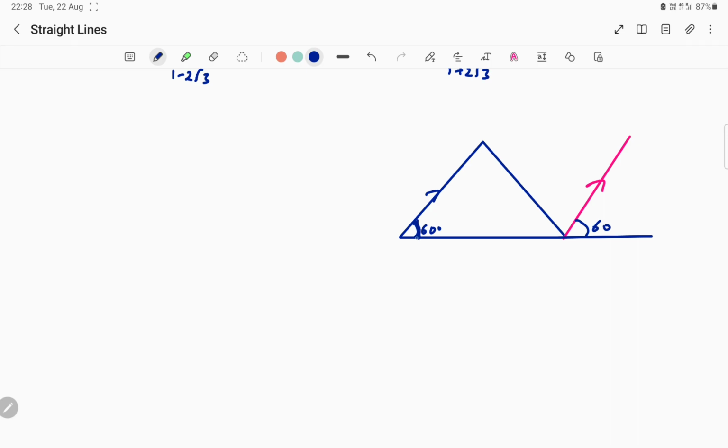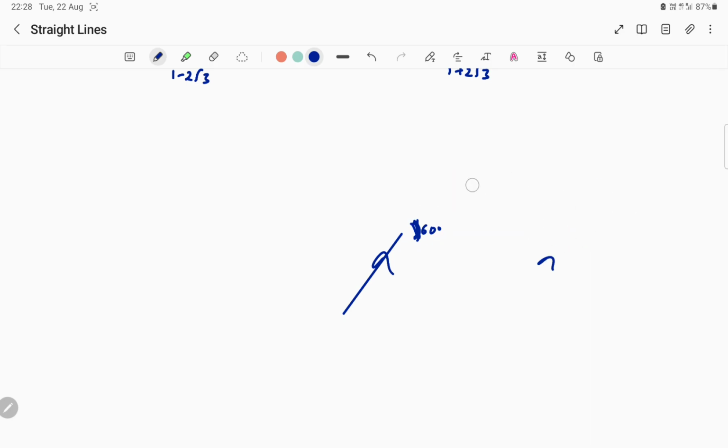But you know that this angle is also 60, isn't it? So I can show that this angle is equal to this angle. So if I extend this, and if I extend this, you can show 60, 60, isn't it? So they are parallel lines by the converse of corresponding angles. So from there also we can show they are parallel. I have used this concept only to find the slope, nothing else. If they are parallel, we know the slopes will be equal.